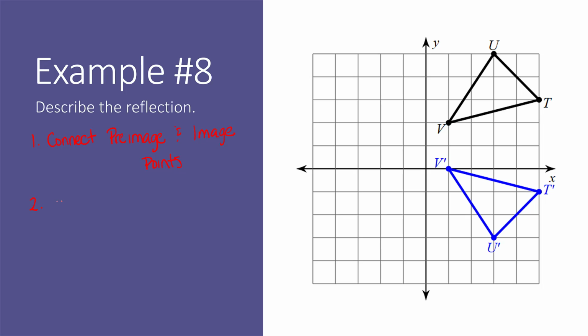Then our second step, count boxes and you're going to divide that by 2. So why don't you take a moment and try this out first. Draw those segments in and then find the halfway point between them.